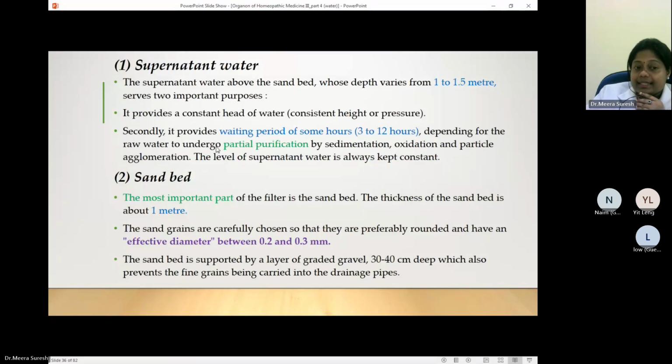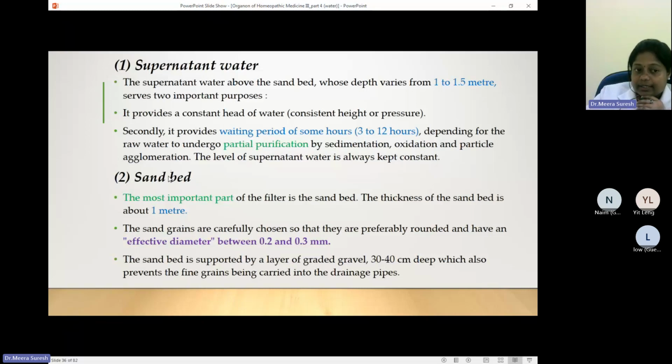Secondly, that is also a kind of storage, a waiting period of some hours, 3 to 12 hours, for the raw water to undergo partial purification. So the storage is happening again in the process of filtration also. Water will be kept constant over there for 3 to 12 hours, so that because of that constant standing, some sedimentation also will take place, and there is a partial purification.